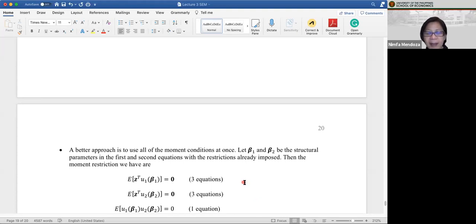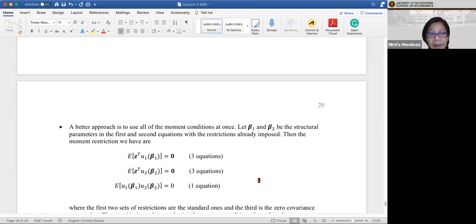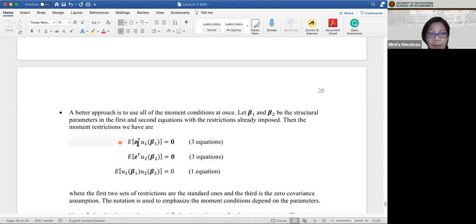Let beta 1 and beta sub 2 be the structural parameters in the first and second equations with the restrictions already imposed. Then the moment restrictions we have are: the expected value of C transpose U sub 1 is equal to 0, and the expected value of C transpose U sub 2 is equal to 0.